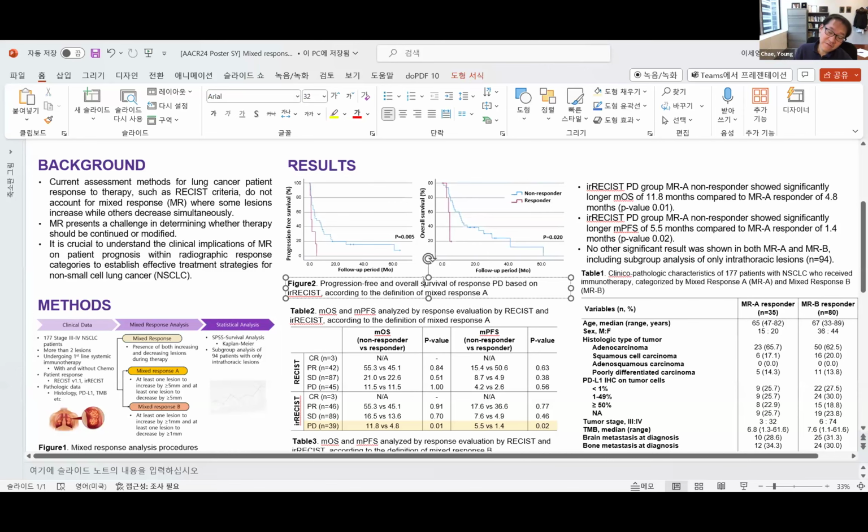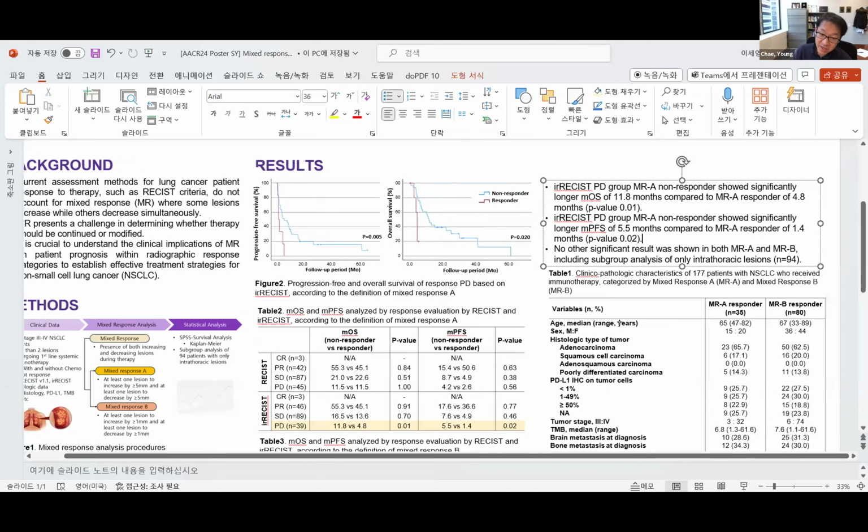So I think the graph is misleading and it needs to be changed, because when you put responder, people will think they are responders by PR or CR by RECIST. And the non-responders, they think they are either PD alone or PD plus SD. That's how people think. So you cannot use those words here.